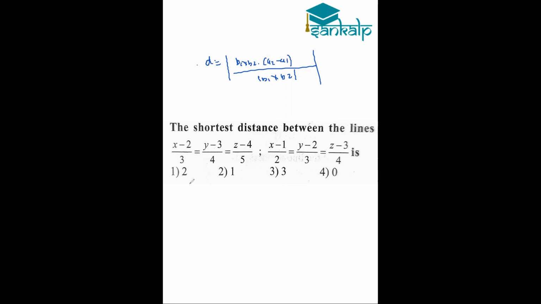So a2 minus a1 is the coordinates of the point minus the coordinates of the other point. And here actually this is in vector form.